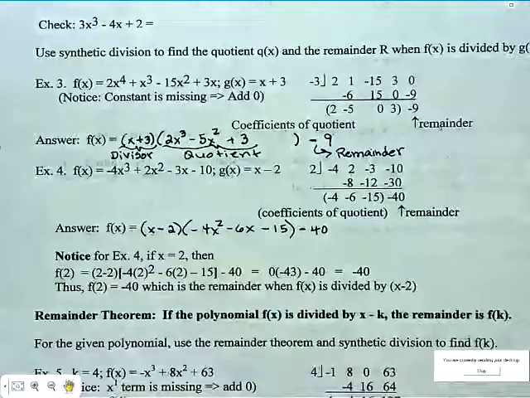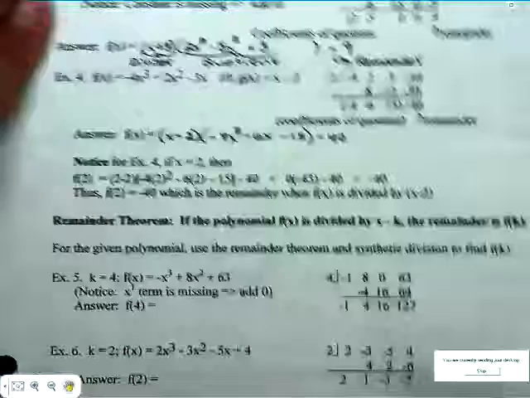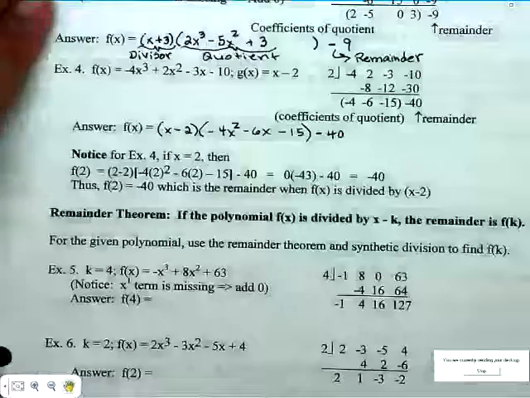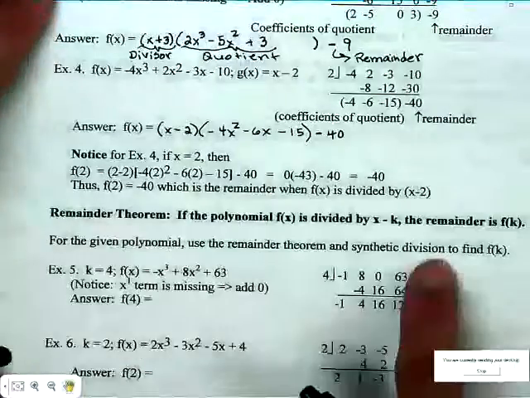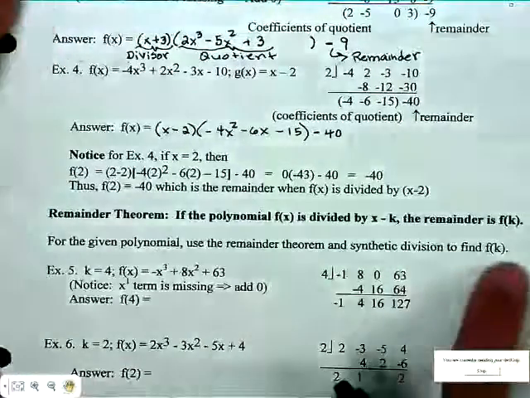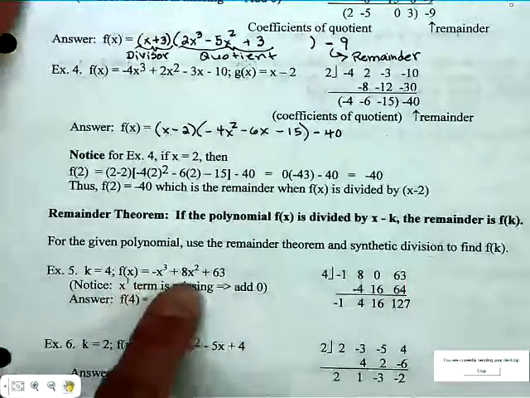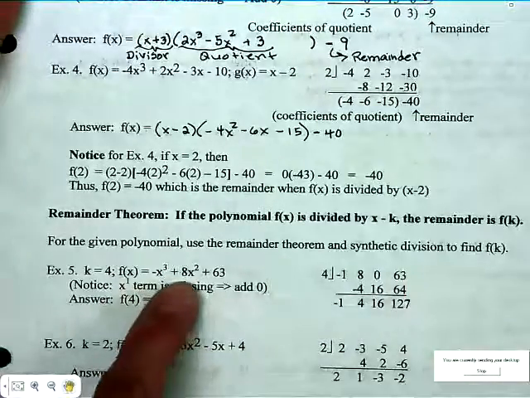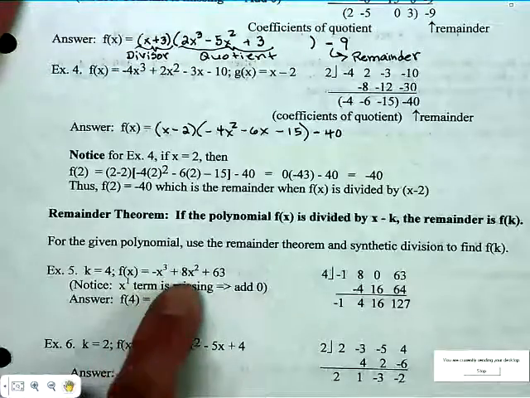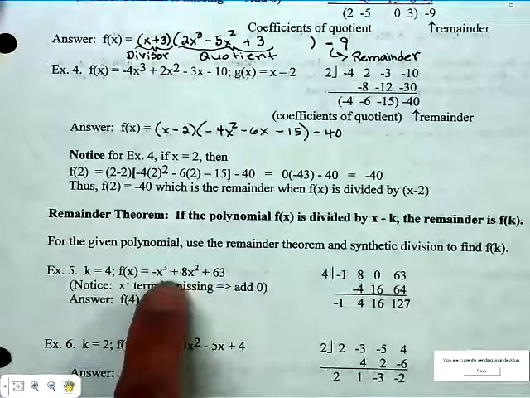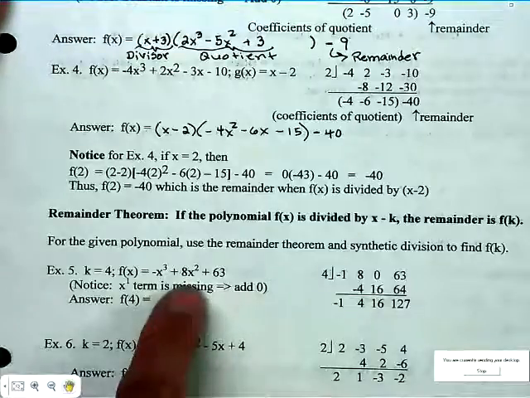The next two examples say for the given polynomial, use the remainder theorem and synthetic division to find f of k. Well, if you gave me f of x and then said find f of 4, but you didn't say anything about synthetic division, I would just put 4 into the place of x, punch that on the calculator, get a number.